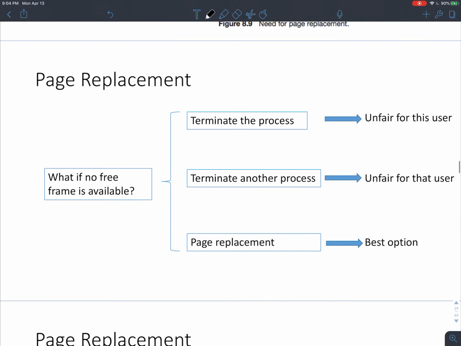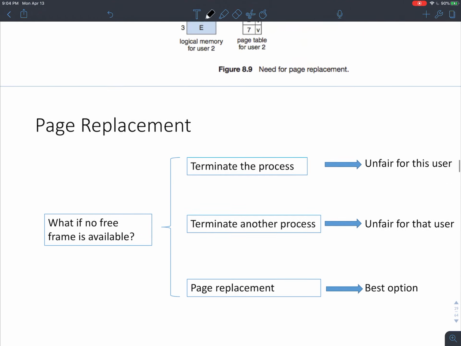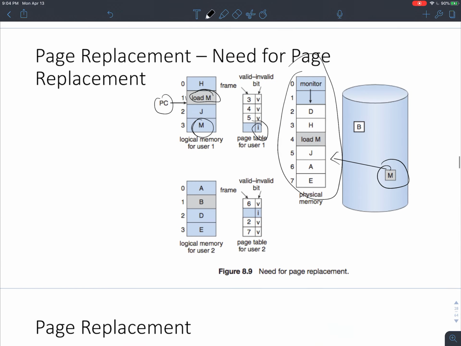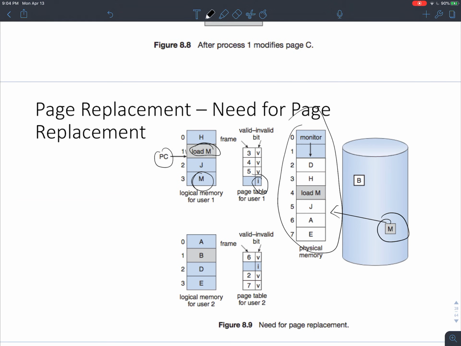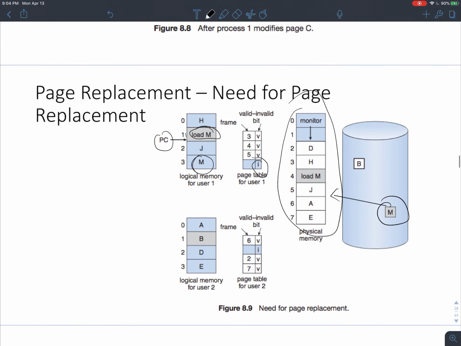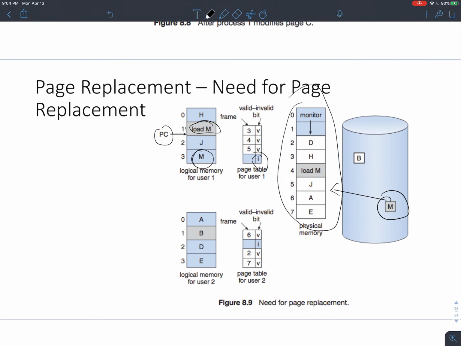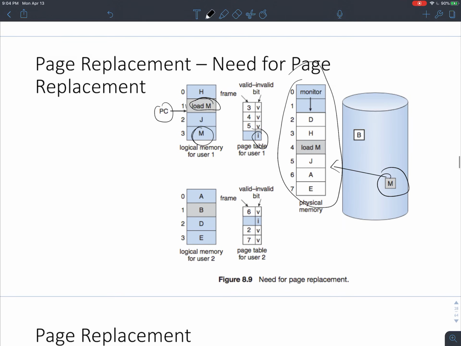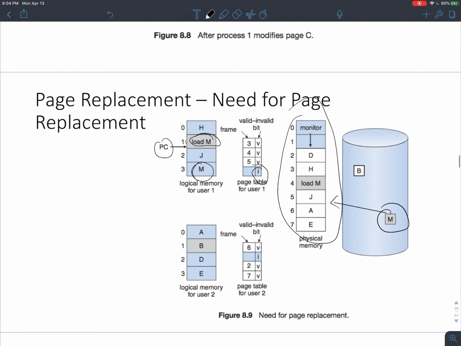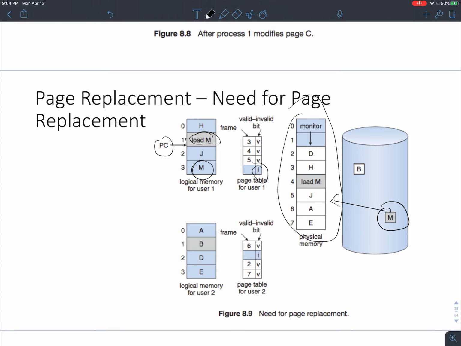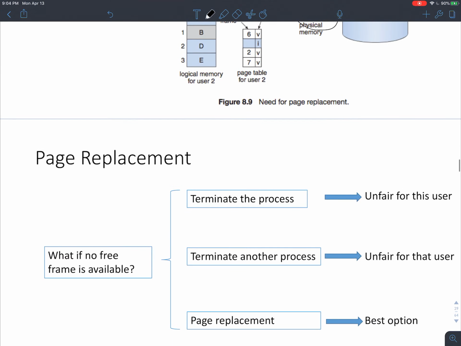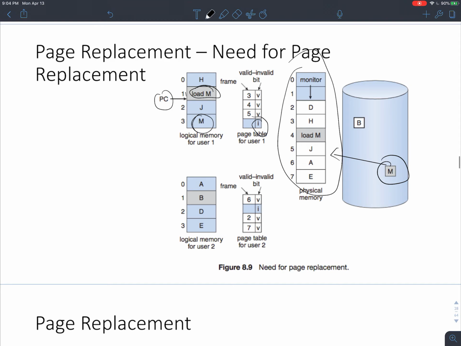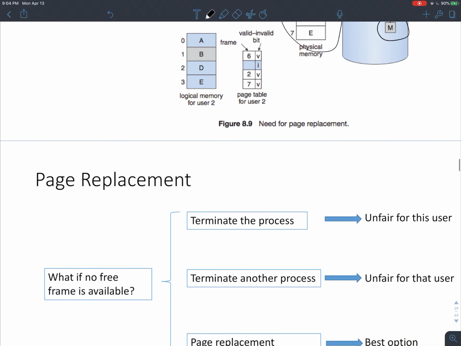There are some choices. One choice is to terminate the current process. Since there is not sufficient memory space, we just terminate this process and say you have to wait because we don't have sufficient physical memory space for you.